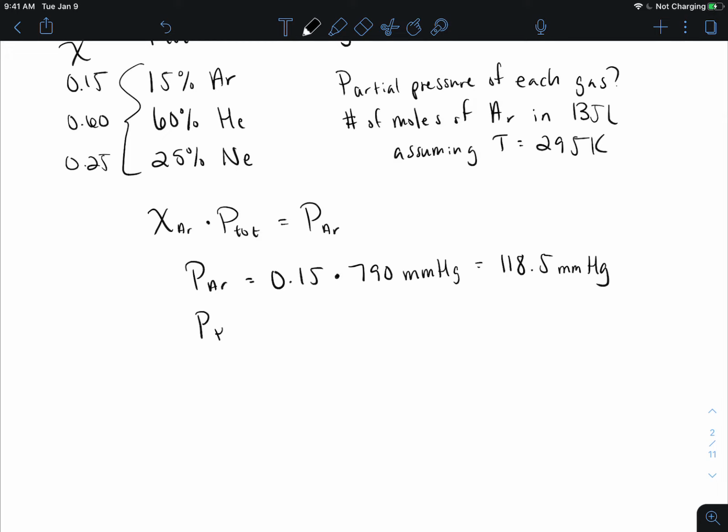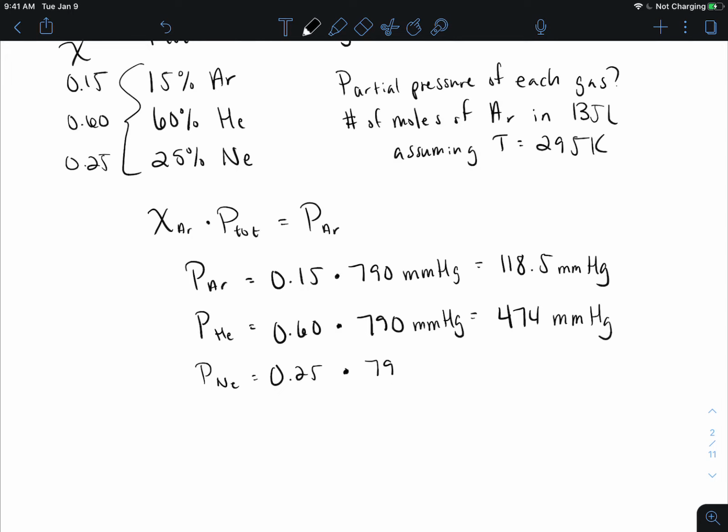Do the same thing for helium: 0.60 times 790 gives us 474 millimeters of mercury. And then neon, 0.25 times 790 gives us 197.5 millimeters of mercury.